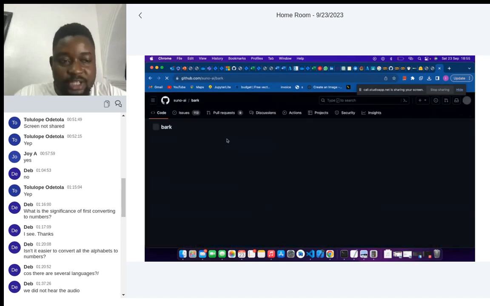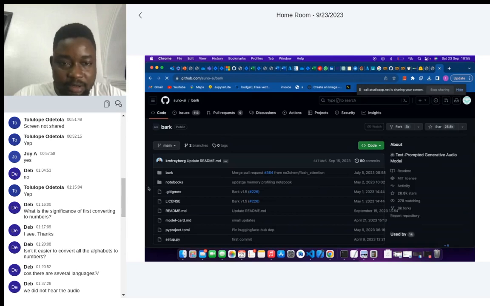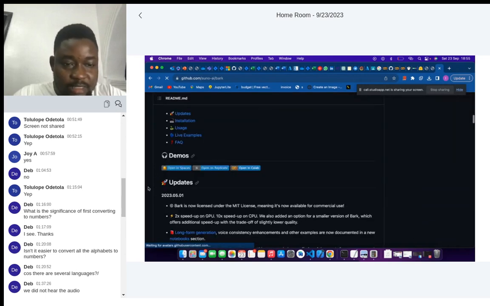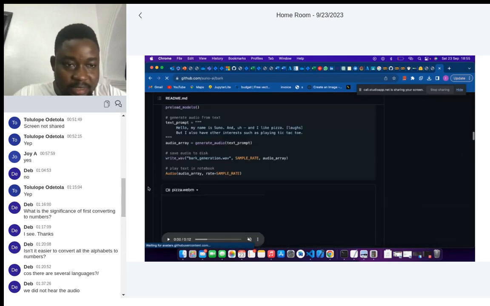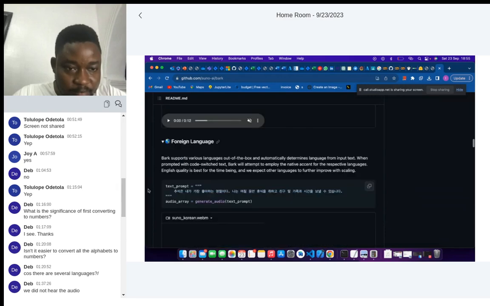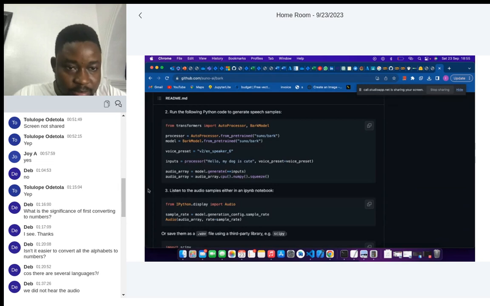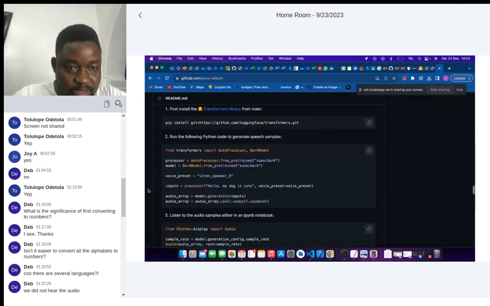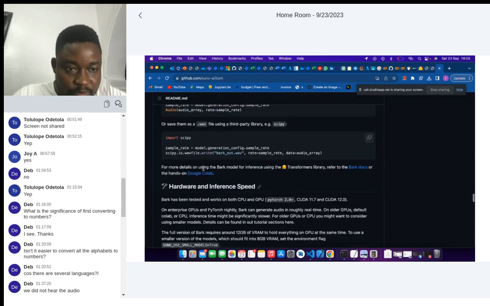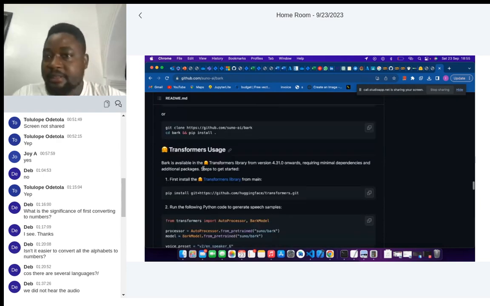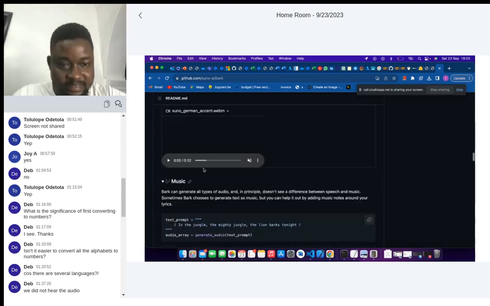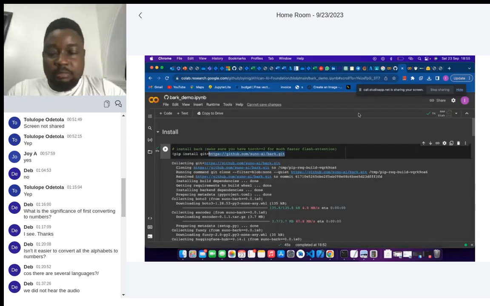If you need to build an application that will leverage generative AI, all you have to do is write those codes that we have in the Google Colab, and you're good to go. So it's within the transformer library as well. Okay, cool.